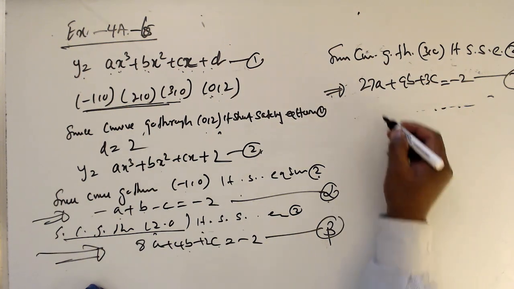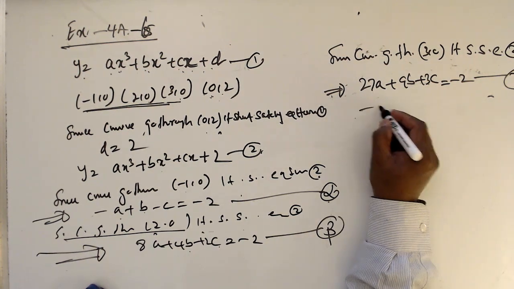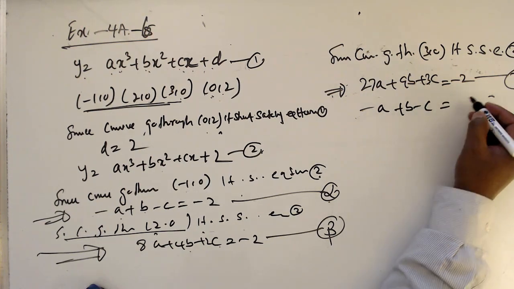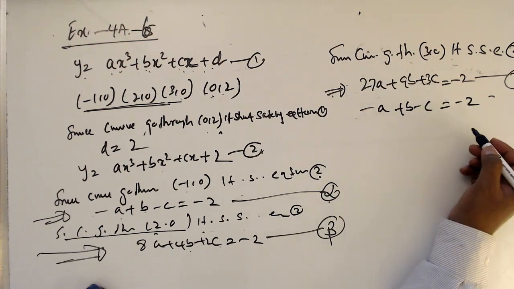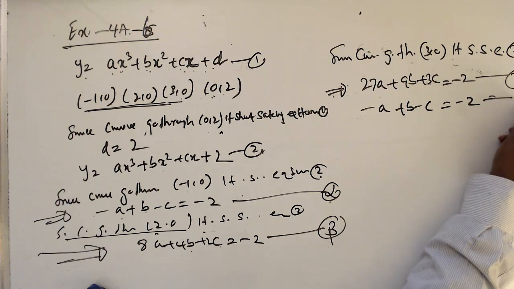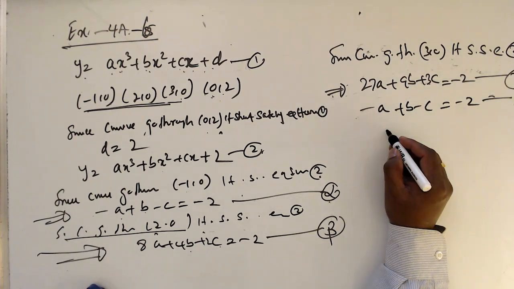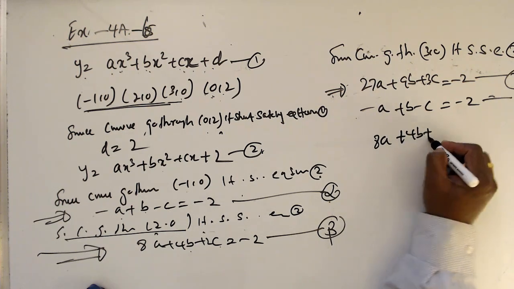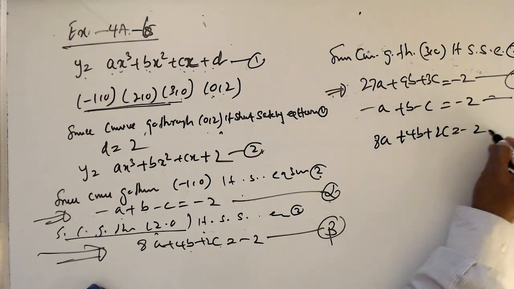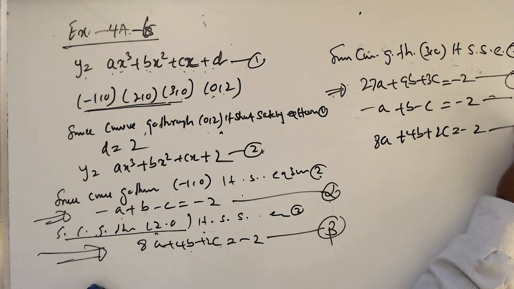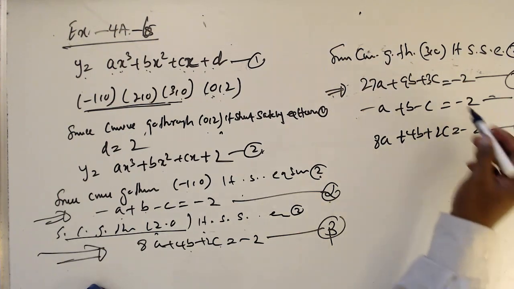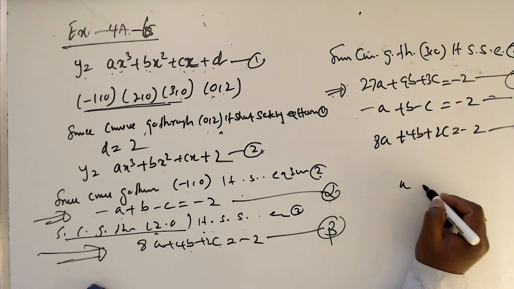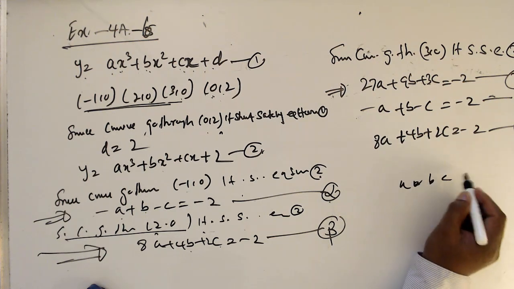I write this equation minus A plus B minus C equals minus 2. This is alpha, and 8A plus 4B plus 2C equals minus 2, this is beta. Now solve these 3 equations and find A, B, C.